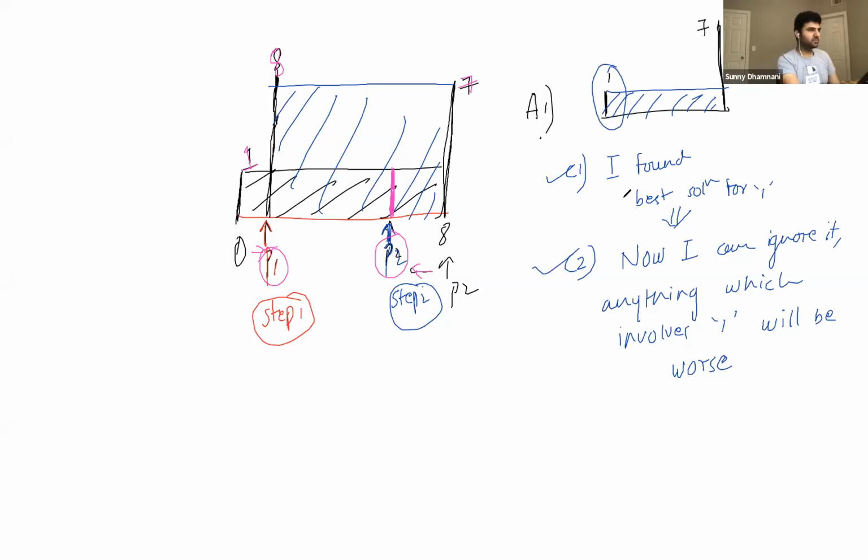Now with that, what will be my new array? So I'm back to this problem, right? Now I'll have 8 on the left side and 7 on the other side. Height 7 and height 8. And then again I can say that I have found the best solution for 7.